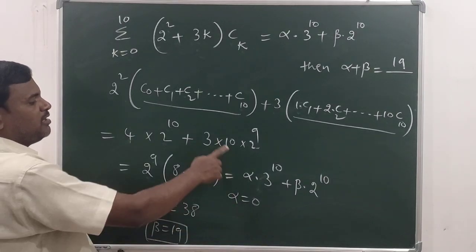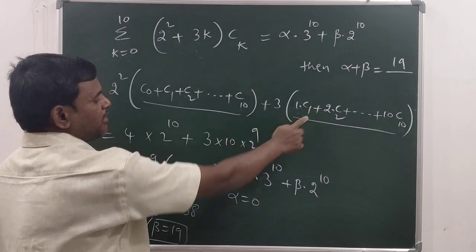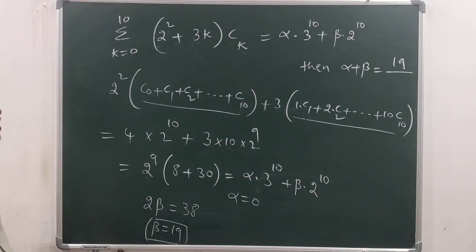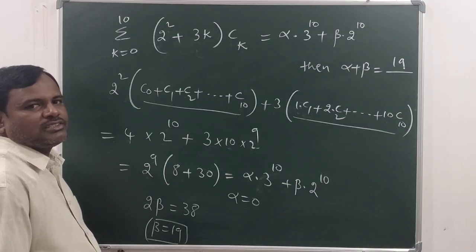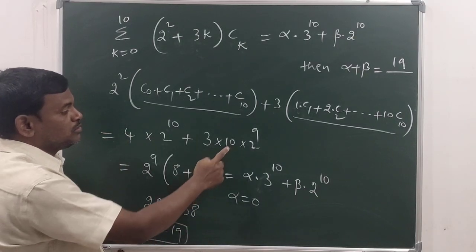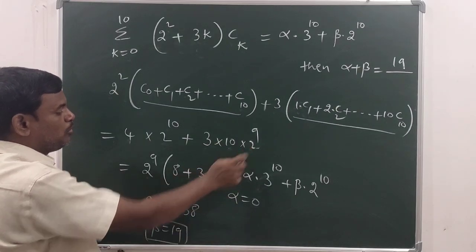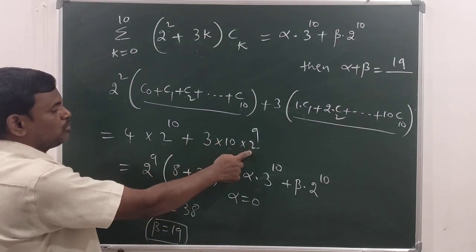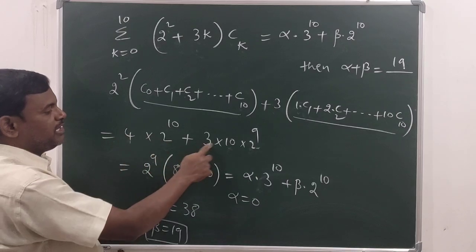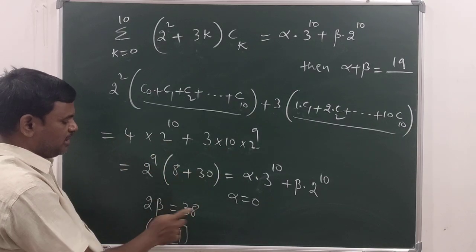So I applied that, and I got n as 10. Okay students, n value is 10 now. So 3 tens are 30, 2 power 9. From both I took 2 power 9 common, here 2, here 4. 2 times 4 is 8 left here, 3 tens are 30, so 38.